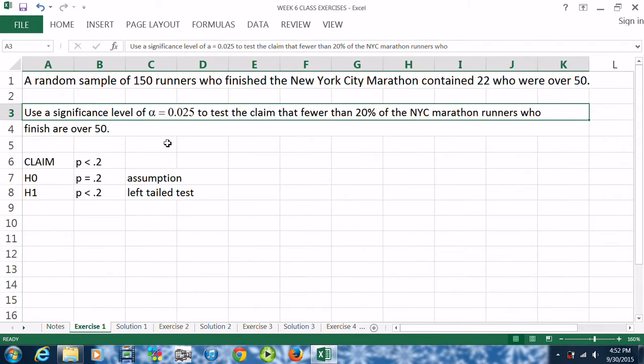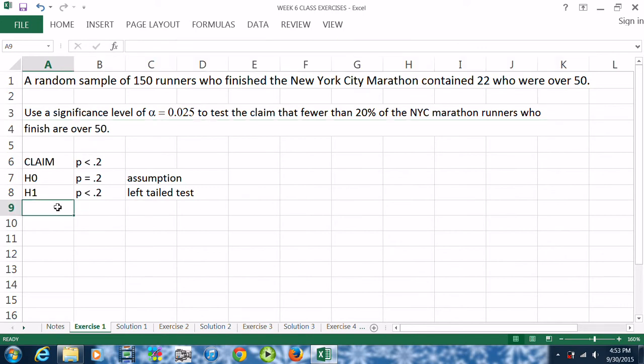So in this example, it says use a significance level of alpha equal 0.025 to test the claim that fewer than 20% of the runners who finish are over 50. So we're going to choose a significance level called alpha, and we're going to choose it at 0.025. I choose 0.025 because that will correspond to a one-tailed test when our confidence level is 95%.